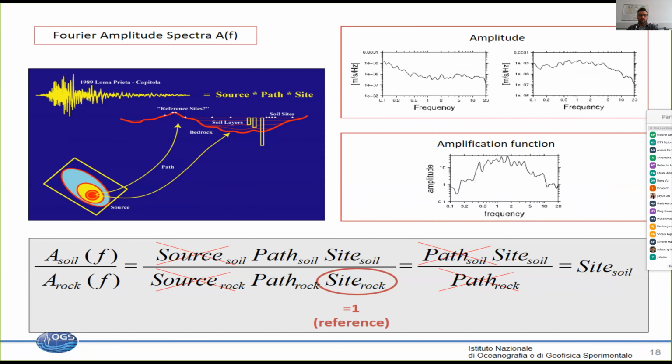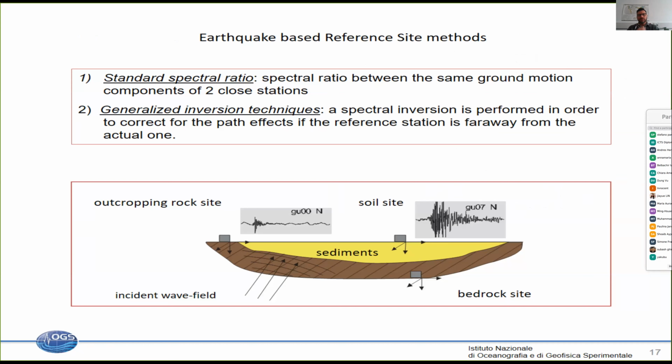Okay, so if you remember, last time we started discussing how to estimate the site response. And we were distinguishing, I go back one slide, between methods which are based on a reference site and methods which are based on the usage of recordings without a reference site.